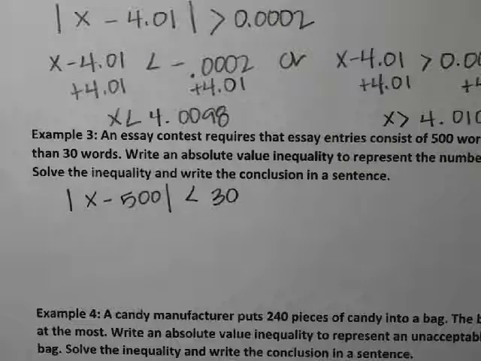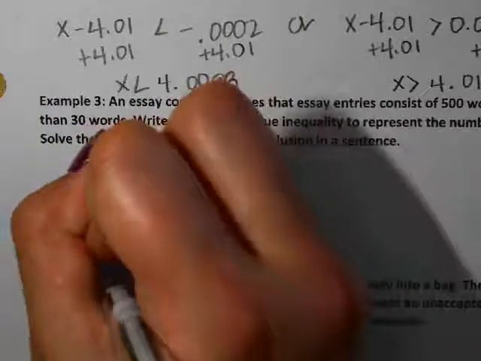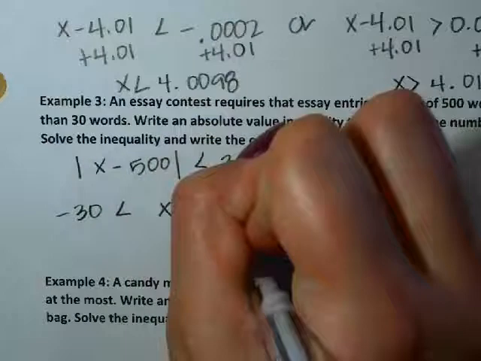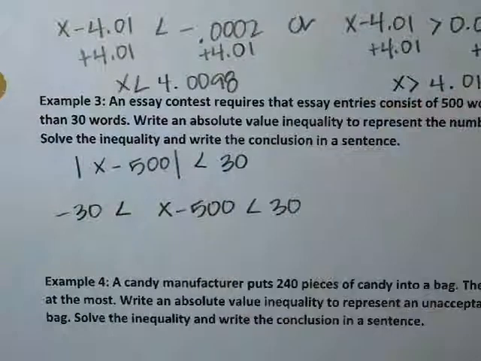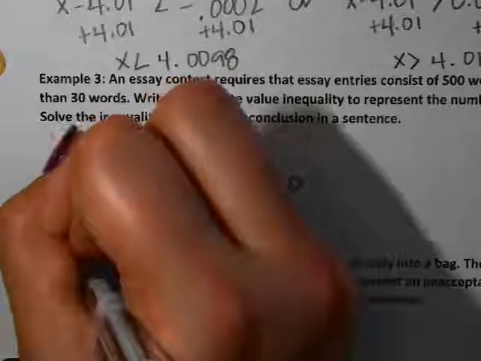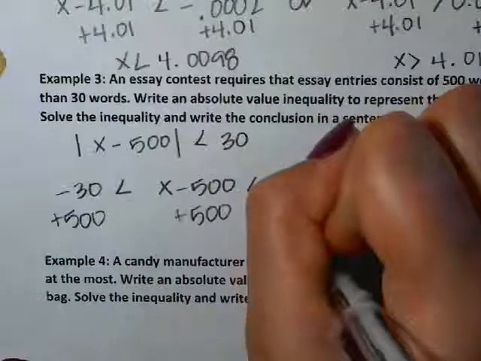Okay, so how do we solve this one? Less than, okay. So negative 30, between negative 30 and positive 30. And then what should we do? 500. So what do you guys think is the hardest part about this assignment?